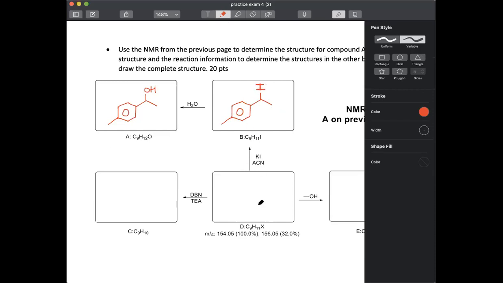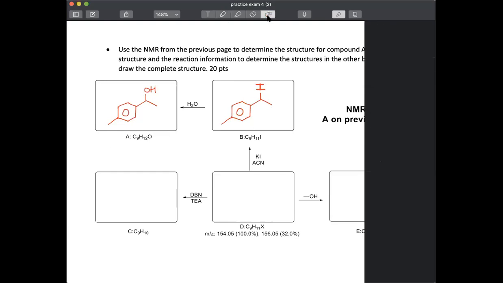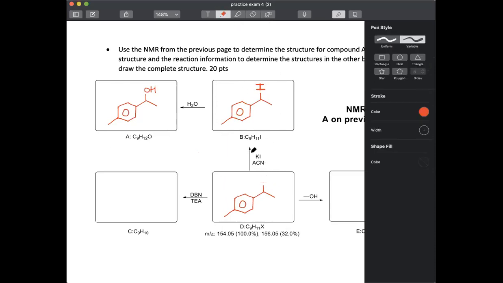Now we work backwards from here. What is going to go here? Cl. Same thing, but Cl, because in the mass spec data, you have a 3-to-1 ratio. That's going to be Cl. If we go this way, what's going to be here?